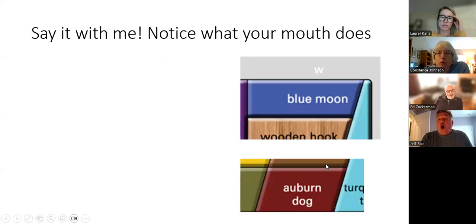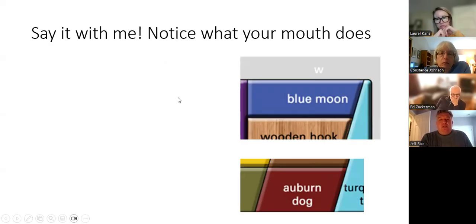Blue moon, auburn dog. Here they're both in the back. Your lips are rounded, but again, at the bottom, auburn dog, your chin is coming down farther, opening wider. Blue moon, your chin kind of stays up close.